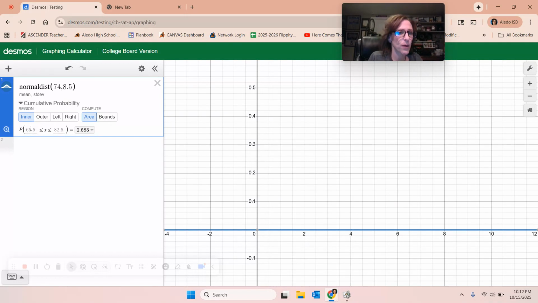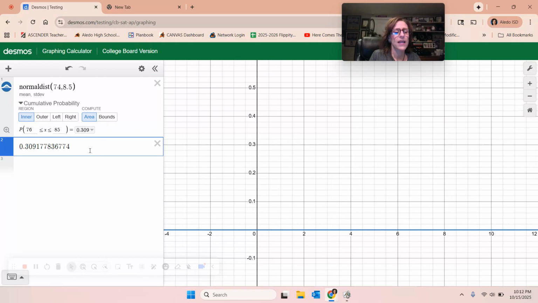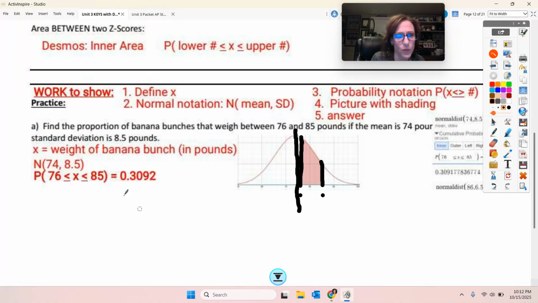So this is the inner part between 76 and 85. Okay, and it is the area, and boom. There I have it, 30.92%. Make sure you round correctly. 0.3092, so that's 30.92% of banana bunches weigh between 76 and 85 pounds.